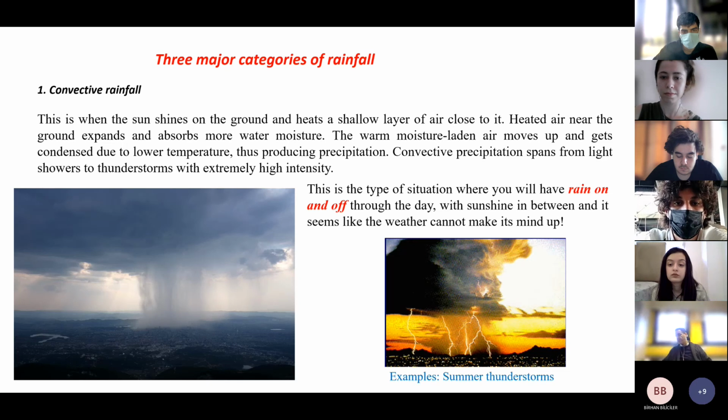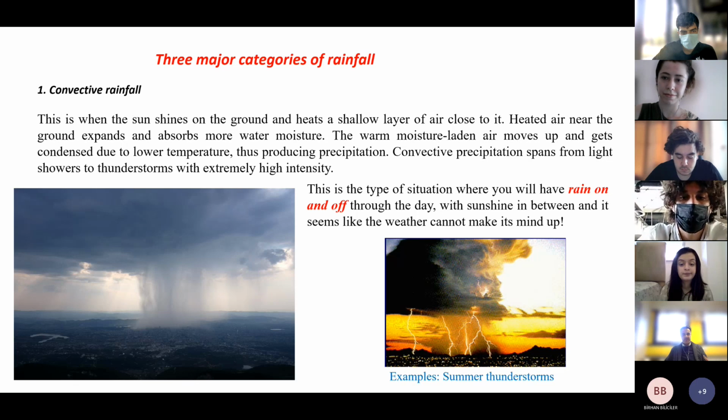It is called rain on and off through the day with sunshine between, because when there is sunshine, again we will have warmer air. It seems like the weather cannot make up its mind, it cannot decide whether to be sunny or rainy. An example is the summer thunderstorm. Okay, this is the first category of rainfall, convective rainfall.